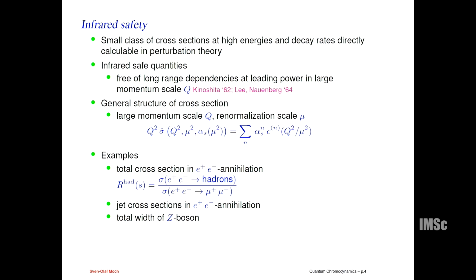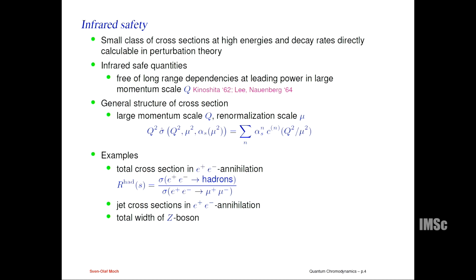The examples I have in mind are total cross-sections in e+ e- annihilation. For instance, if you take e+ e- annihilating and producing hadrons, and you measure 4 pi, all the hadrons coming out totally inclusively, you can still normalize it to the cross-section of e+ e- going to mu+ mu-.